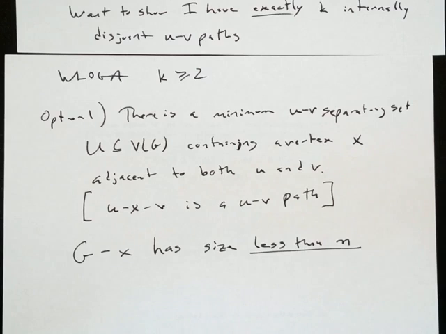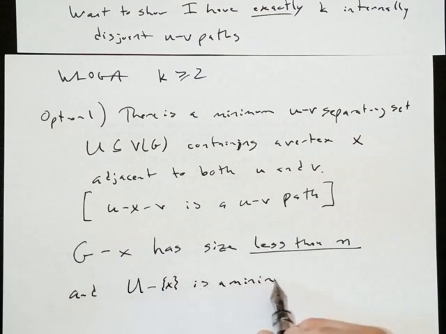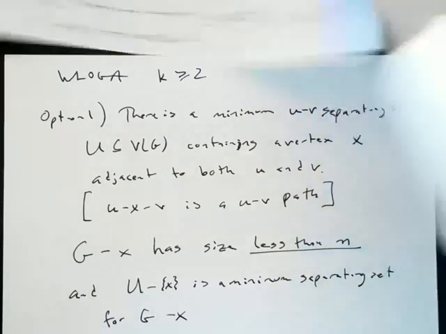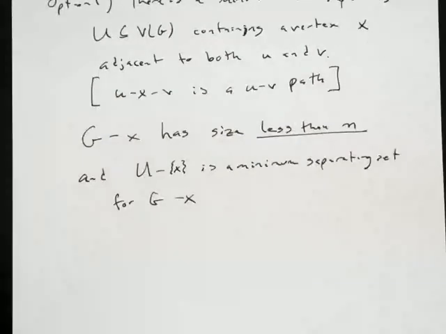And in this new graph G minus X, the set U minus X is a separating set.